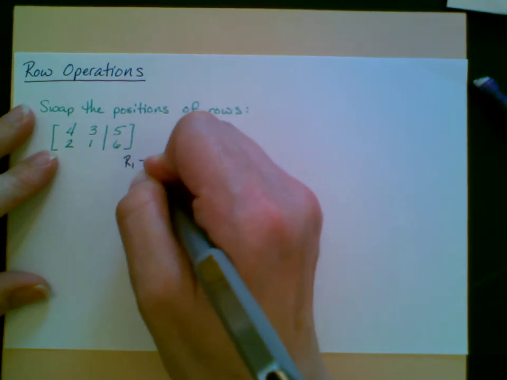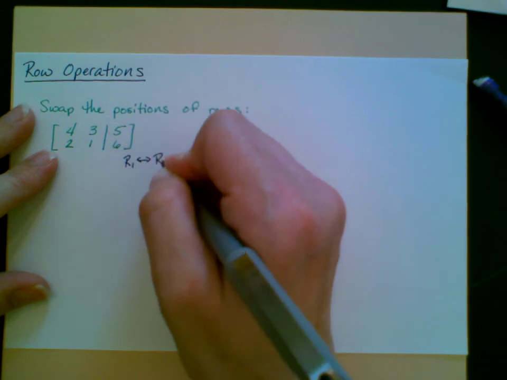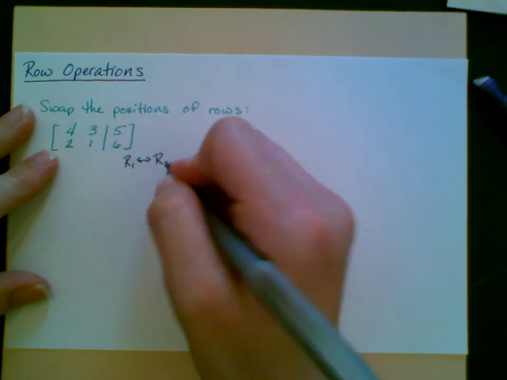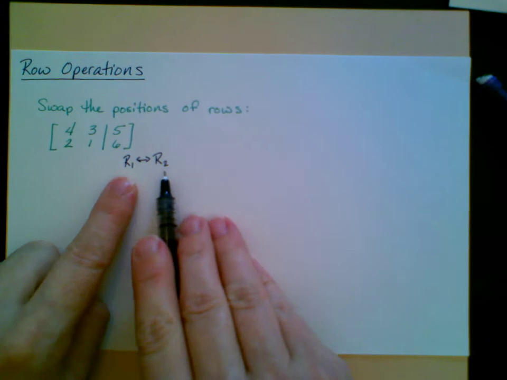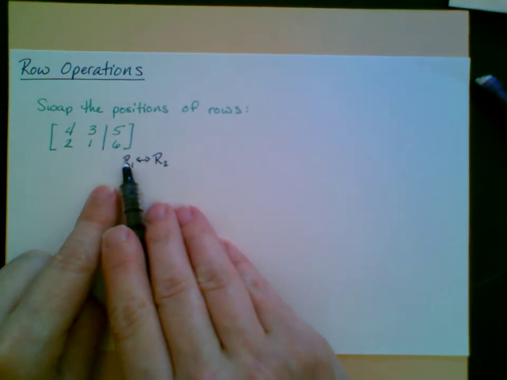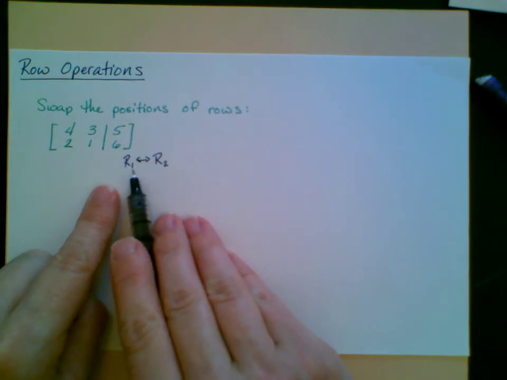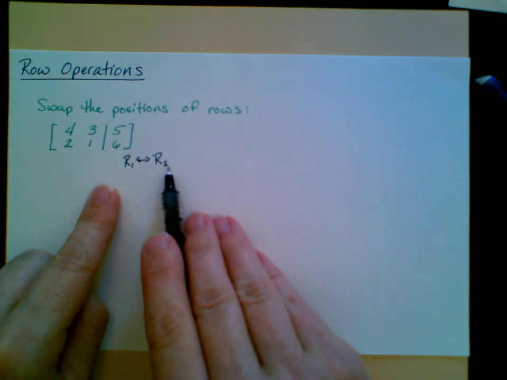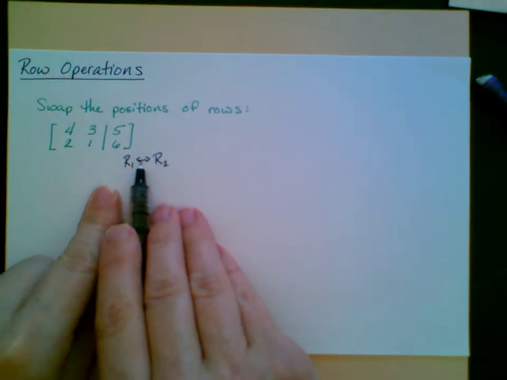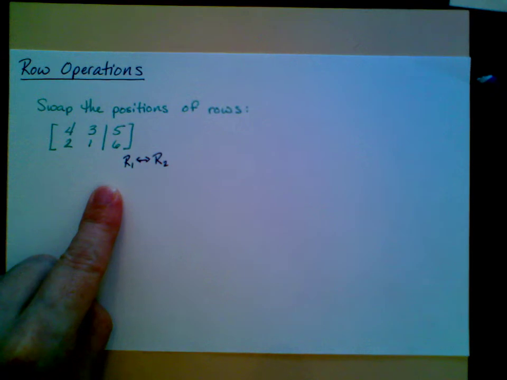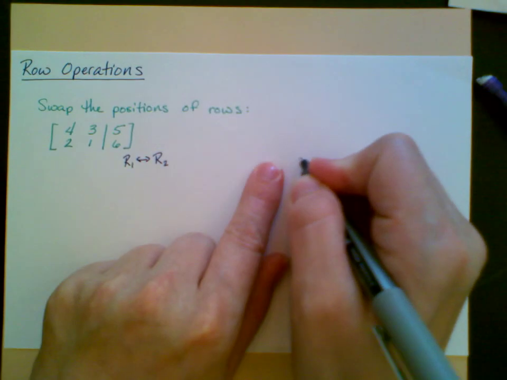When we swap the positions of rows, we're going to use this notation. This is an R with the subscript 1 and an R with the subscript 2, and this is a double-headed arrow between them. That's not the nicest double-headed arrow I've ever written.